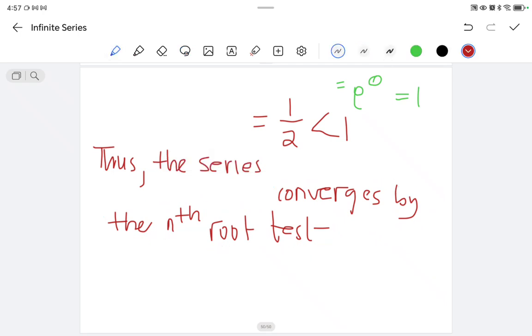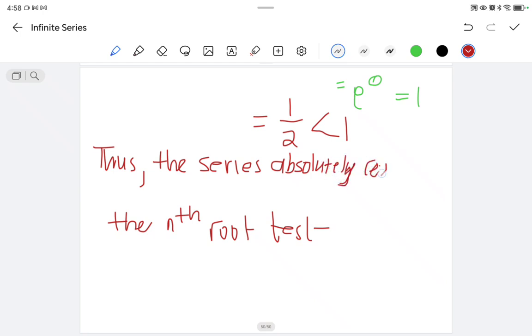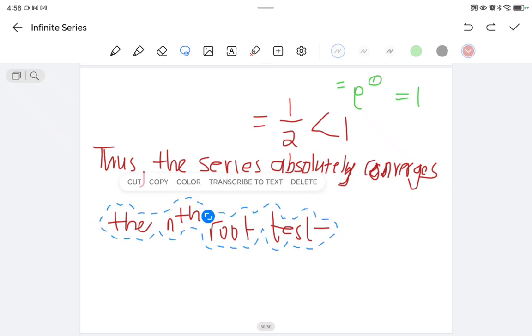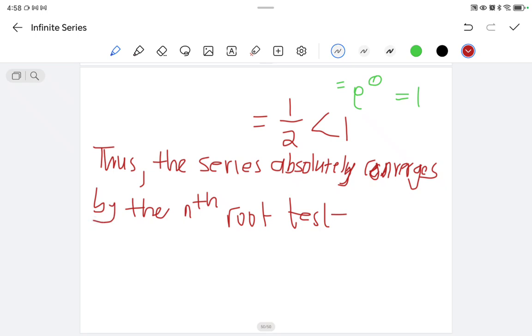So I can say that the series absolutely converges by the nth root test.